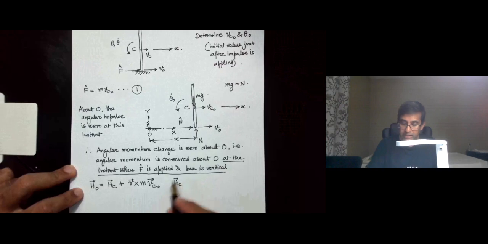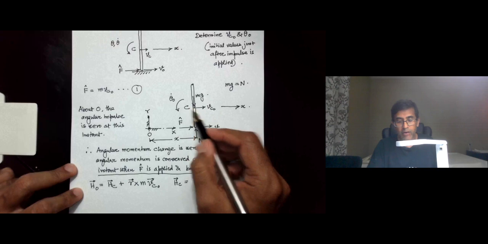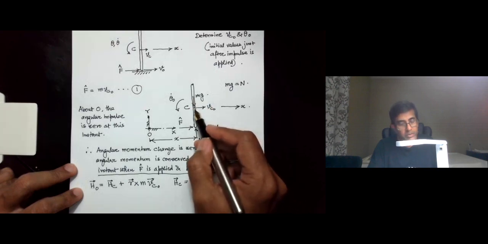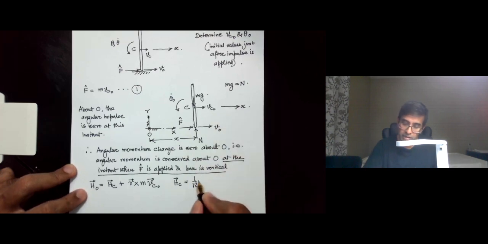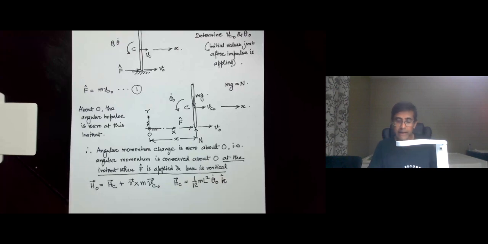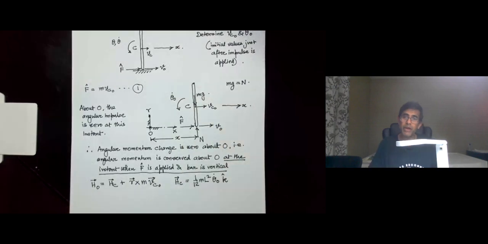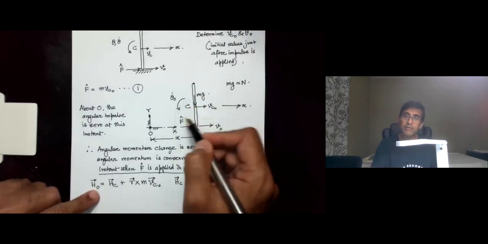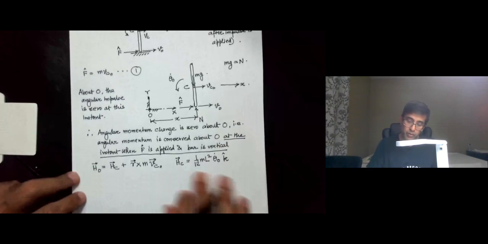So H C is going to be the angular momentum of this bar about the center, instantaneously immediately after the impact, which is 1/12 m l squared, the moment of inertia about the point C, times theta dot O. To complete the expression, this is in the k direction, because X cross Y produces Z upward in a right-handed coordinate system, and that's the direction we have given for the angular velocity.